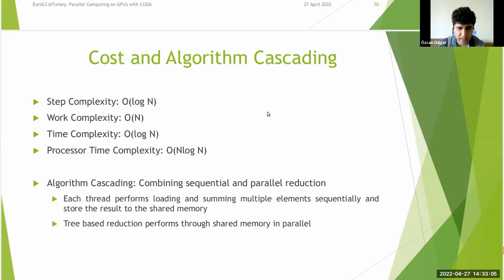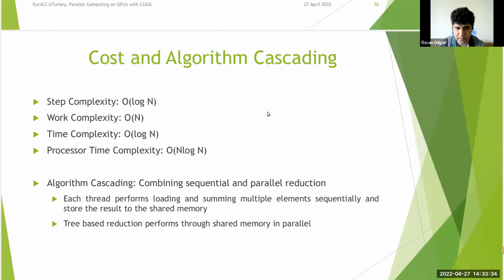And for this last approach, algorithm cascading is used. What does that mean? It means combining the sequential and parallel parts of the algorithm. Sequential operations and parallel reduction operations will be evaluated at the same time. Which ones are the sequential operations? Which ones are the parallel reduction?